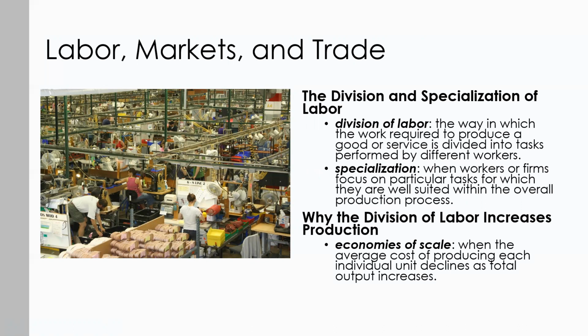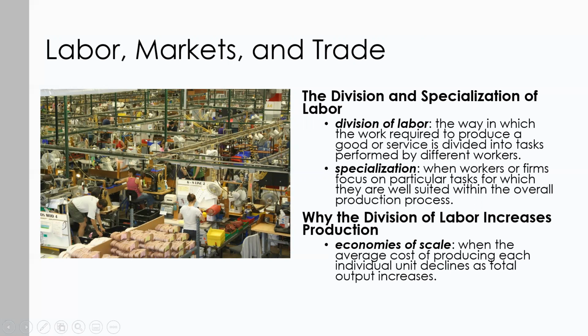In terms of specialization, it is when workers or firms focus on a particular task for which they are well suited within the overall production process. In terms of labor, the market as well as the trade, this is one of the factors of production. It could either be a division of labor or a specialization.